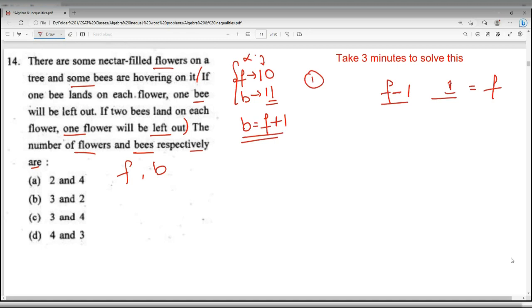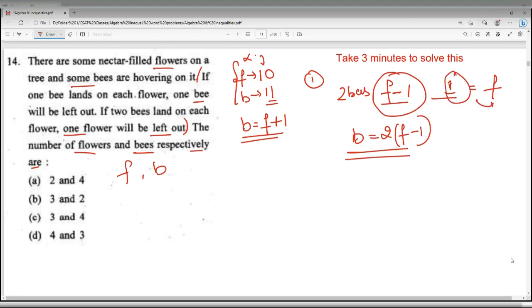On each of these flowers there will be 2 bees sitting, so the total number of bees is 2 into F minus 1. In F minus 1 flowers, 2 bees will be sitting, so B is equal to 2 into F minus 1.